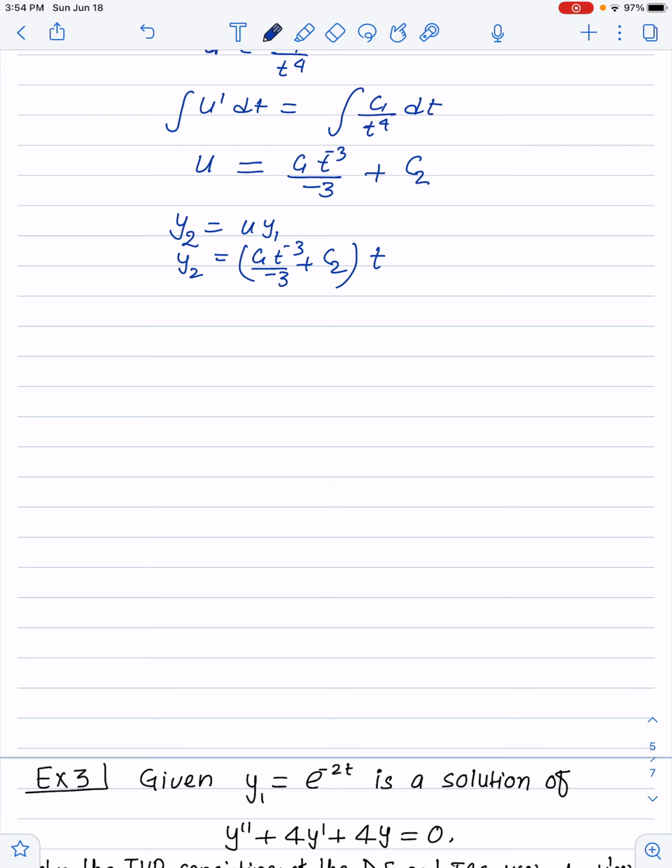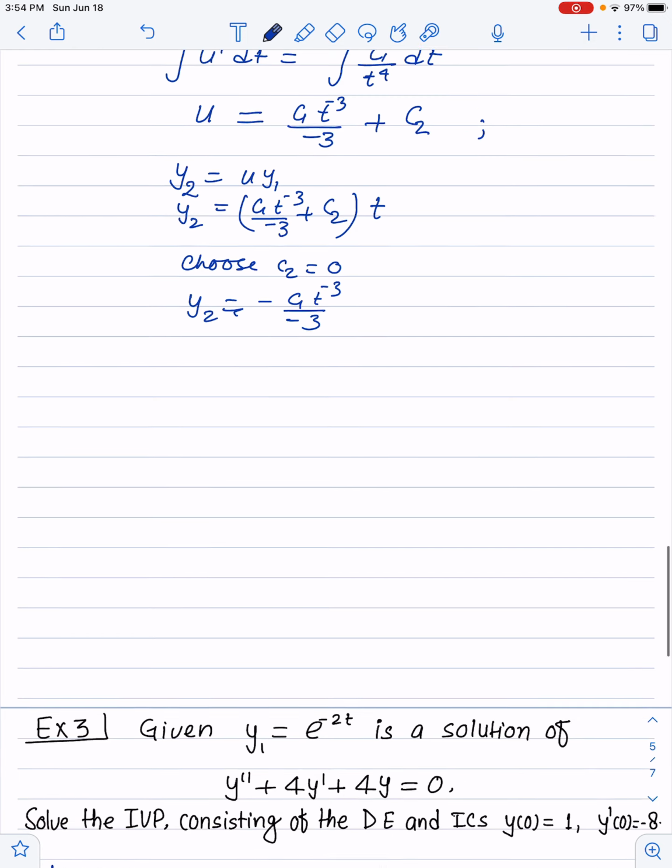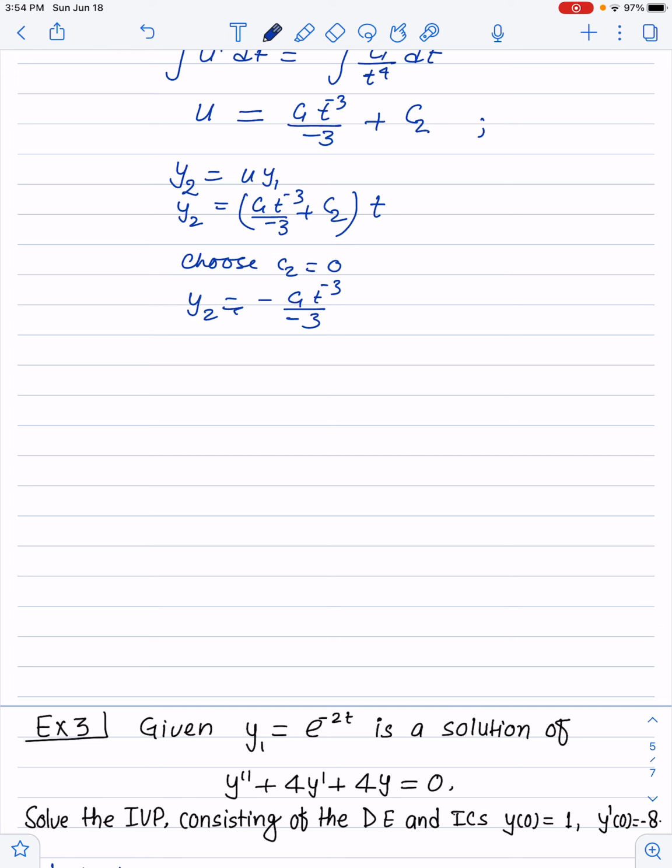So I'm going to choose c2 equals 0. You can choose it here directly, but I just wanted to show you can choose anywhere. Once you choose c2 equals 0, then y2 equals negative c1 t to the negative 3 over 3. You can also choose an appropriate c1 value, but I'm keeping it as it is.